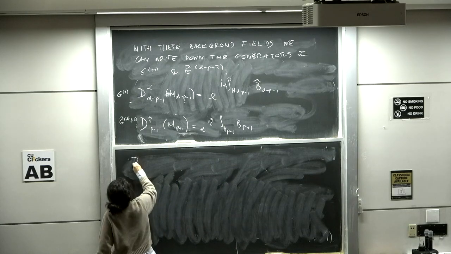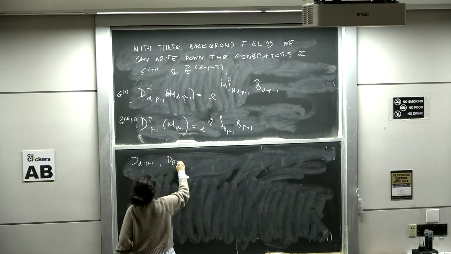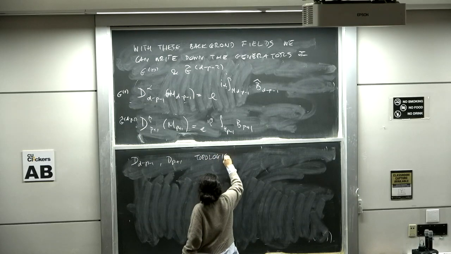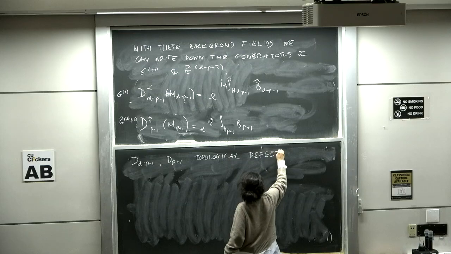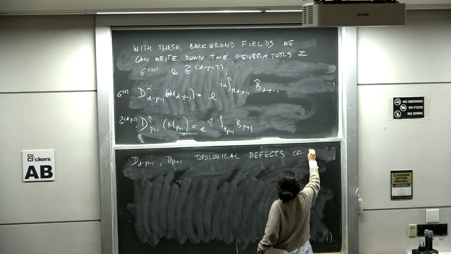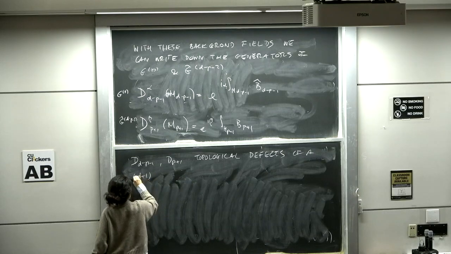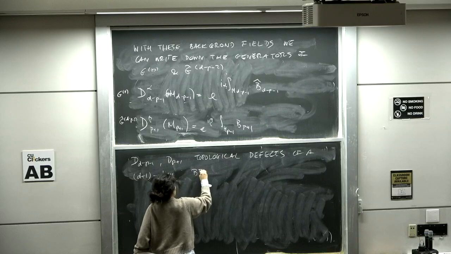So these D minus P minus 1 and D^(P+1) are in fact the topological defects of a now D plus 1 dimensional BF theory.